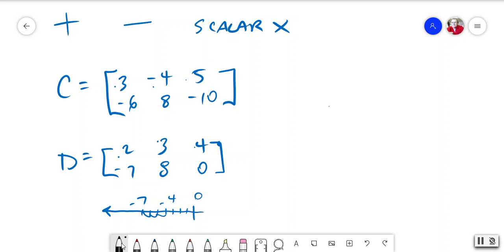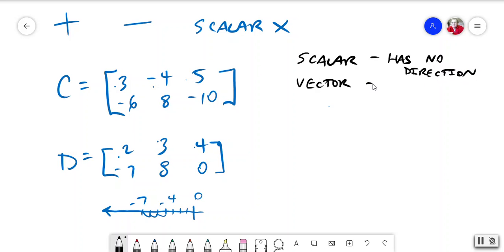If I haven't, shame on me, you'll hear it now. We've got two concepts, scalar and vector. Scalar has no direction. Vector has direction. The way we're using those terms here is not quite exactly the same way we use them in physics, but there's a similarity.